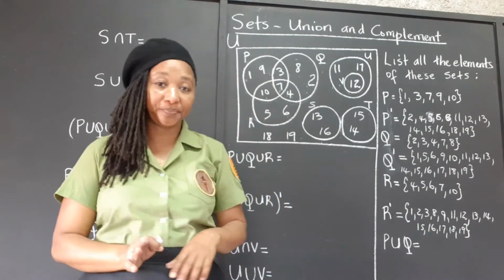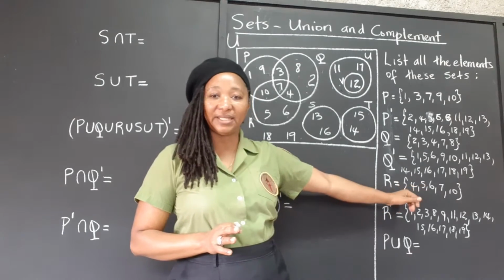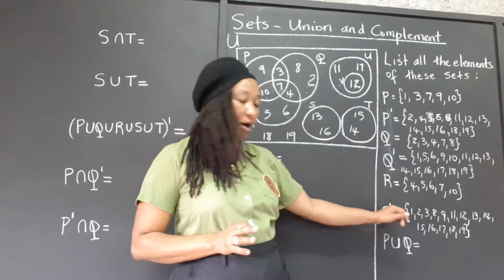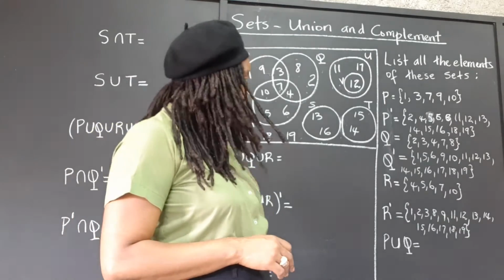So remember, set R are the elements in R. R complement are the elements that are not in set R.